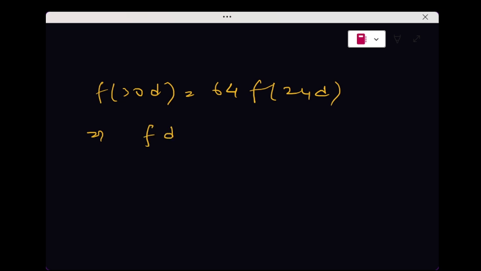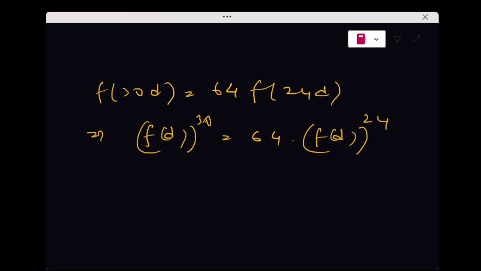So the result that we had, f(30d) equal to 64 times f(24d), will be equal to f(d) to the power 30 equal to 64 f(d) to the power 24.